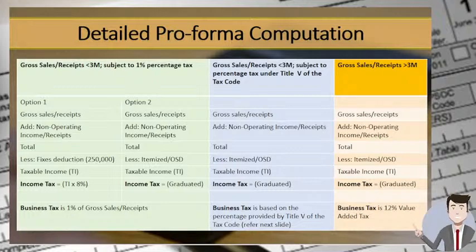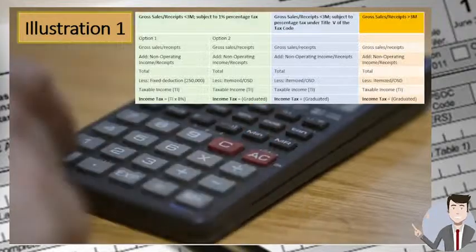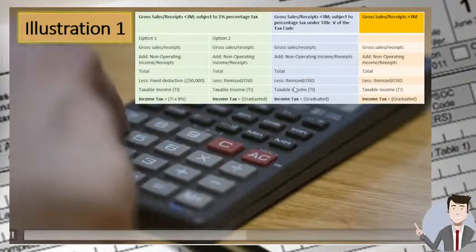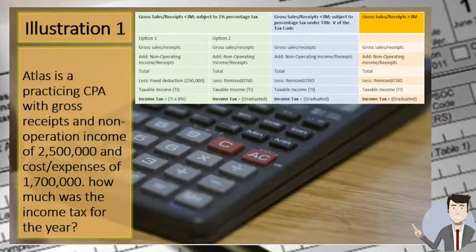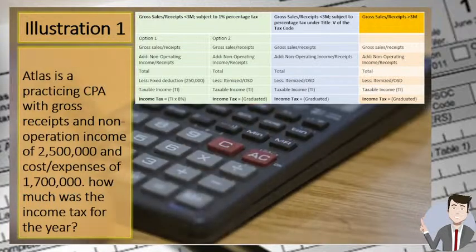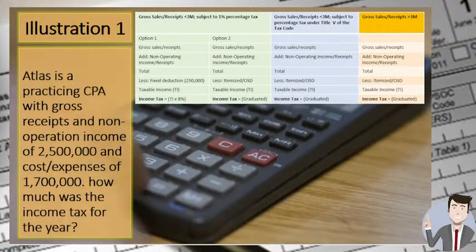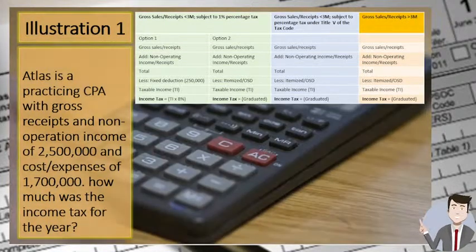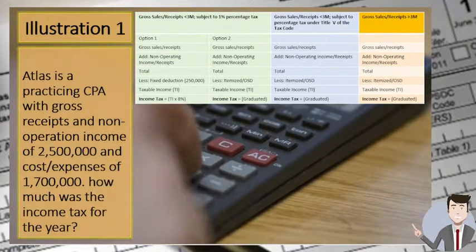Okay, so let's proceed. Let's provide some illustration. It's the same as the slide earlier, I just minimized it for reference. So the question is, Atlas is a practicing CPA, a practicing certified public accountant, with gross receipts and non-operating income of 2,500,000 and cost and expenses of 1,700,000.